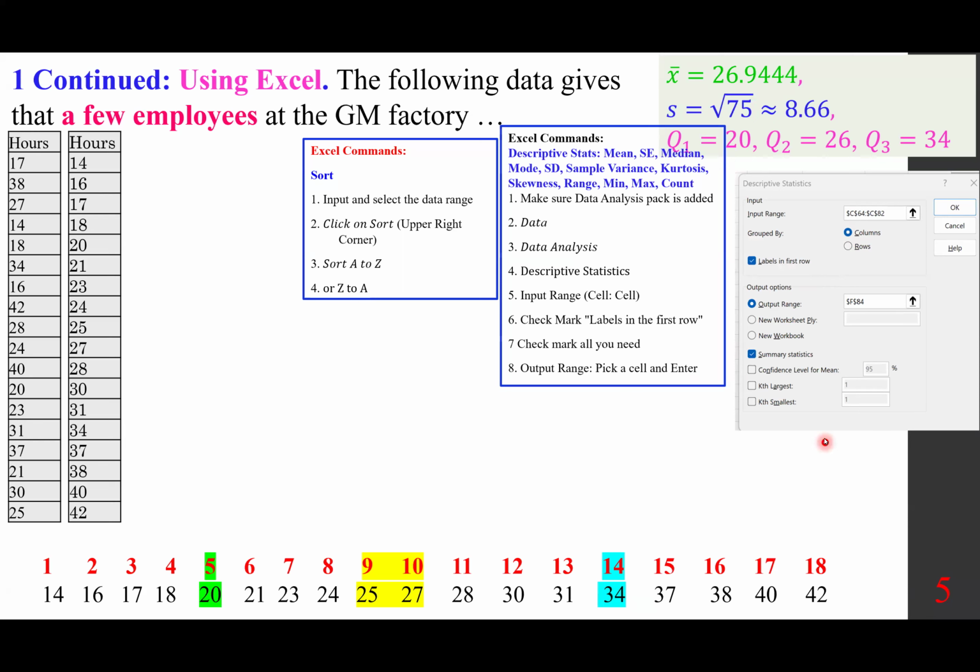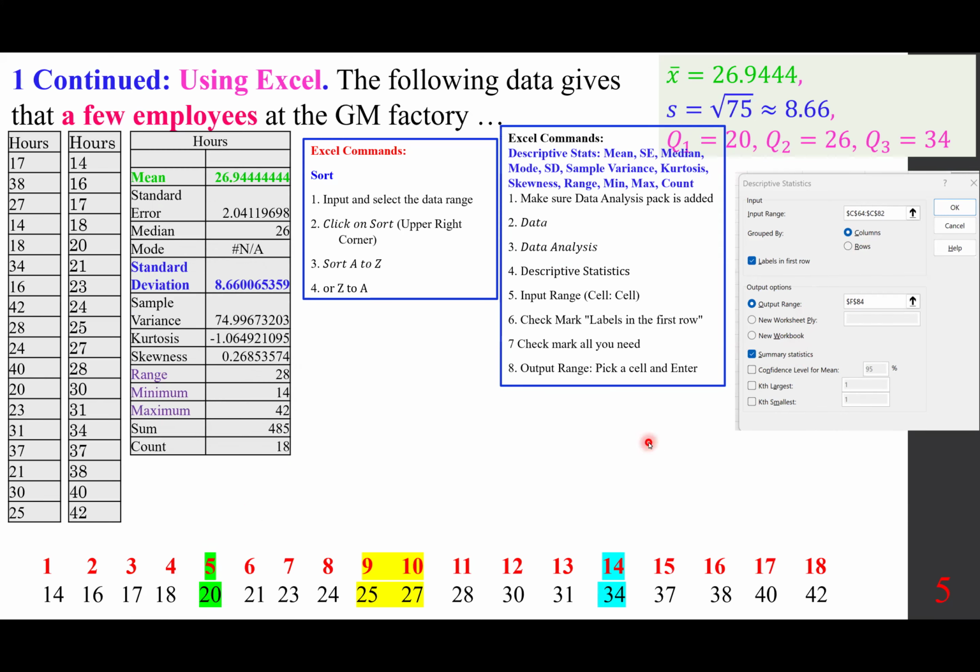You can have a row format also, but it's easier to put it in column format. You want summary statistics, okay. And output range, you just click somewhere and press okay, and it will show everything you want as follows.